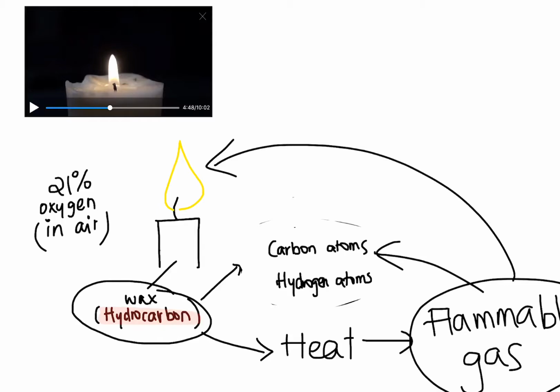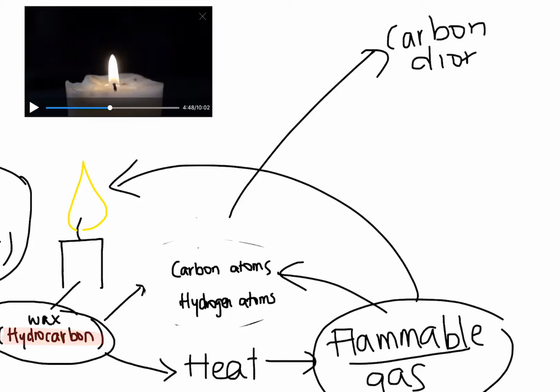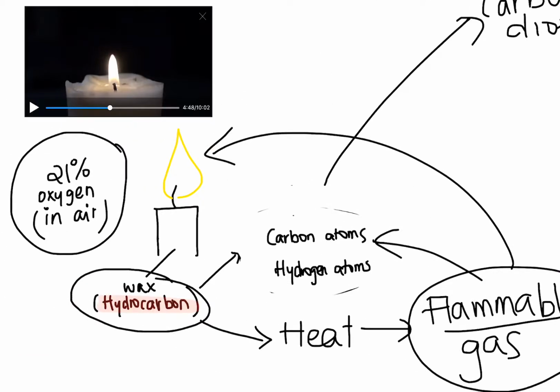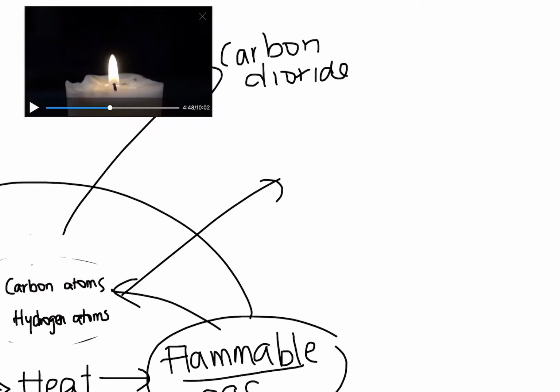The oxygen in the air combines with the carbon atoms in the flammable gas to give you carbon dioxide, and the oxygen in the air combines with the hydrogen atoms in the flammable gas to give you water.